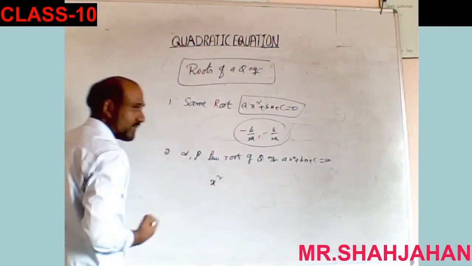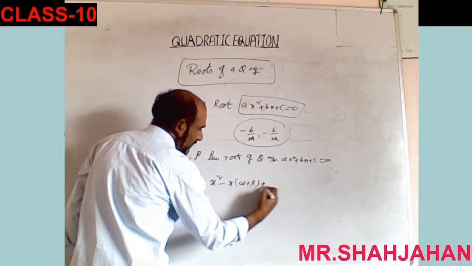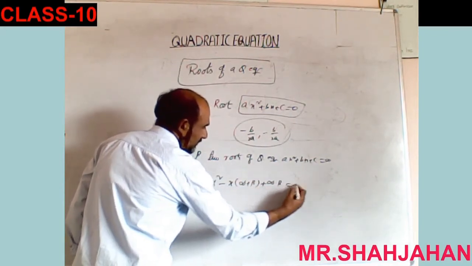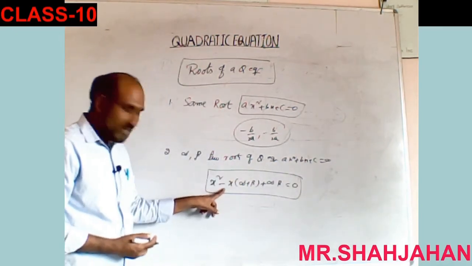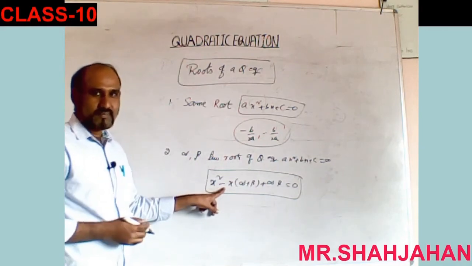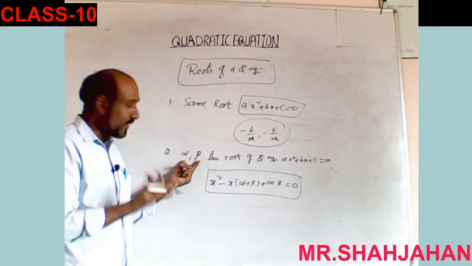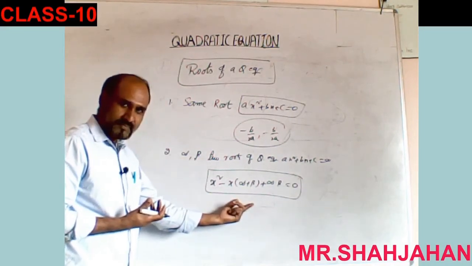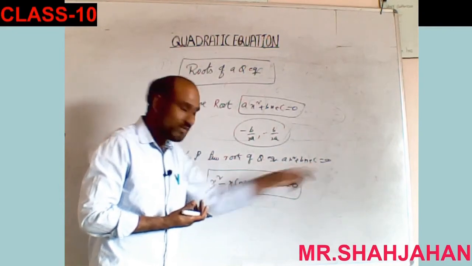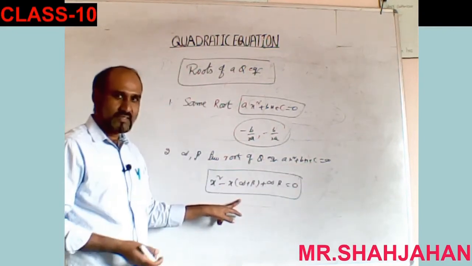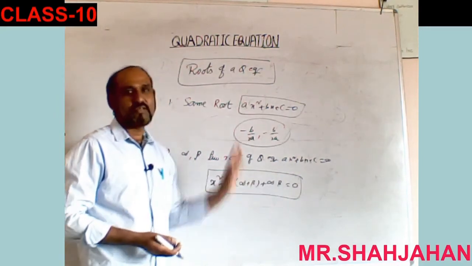You can write it this way: x square minus x into alpha plus beta plus alpha into beta is equal to 0. By using this formula, we can find the quadratic equation. This is for when they give you two roots and you need to find the quadratic equation. So x square minus x into alpha plus beta plus alpha into beta is equal to 0.